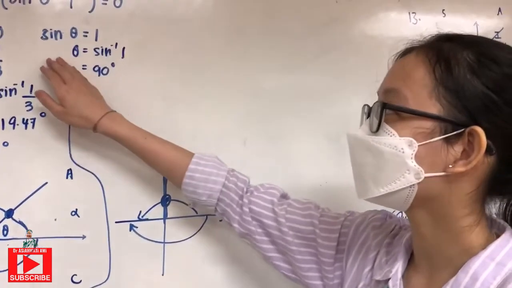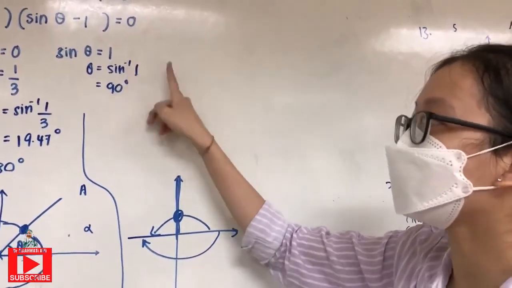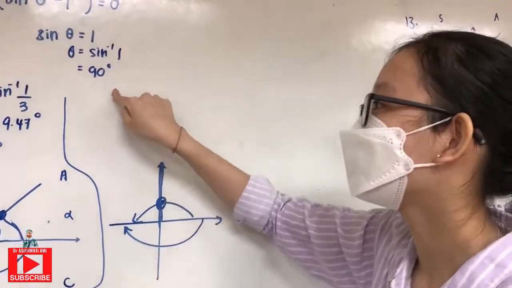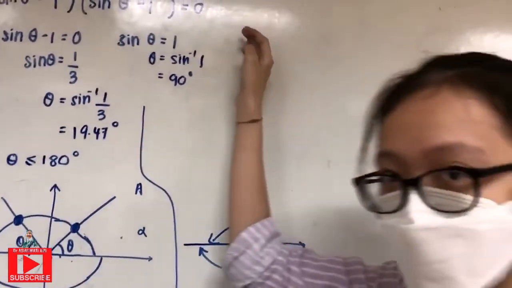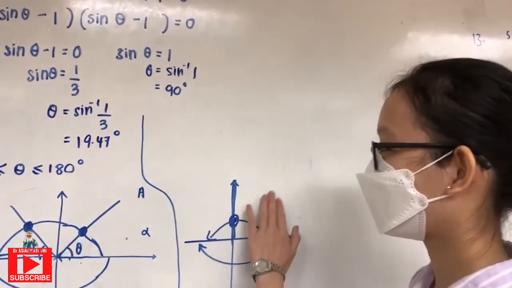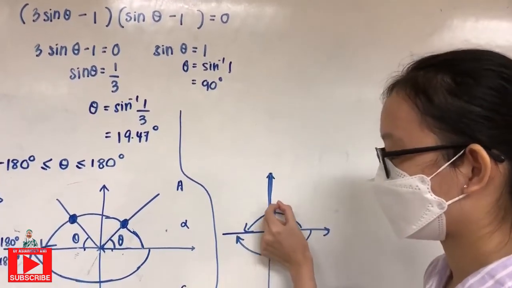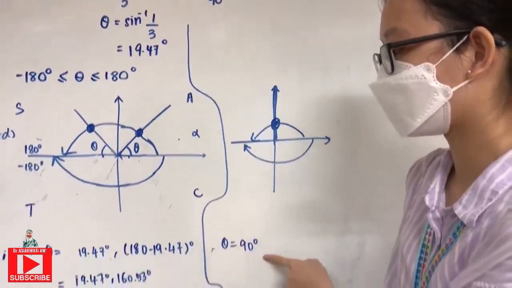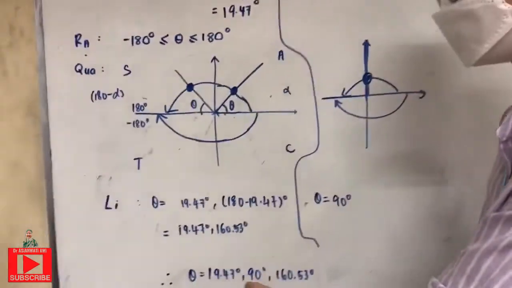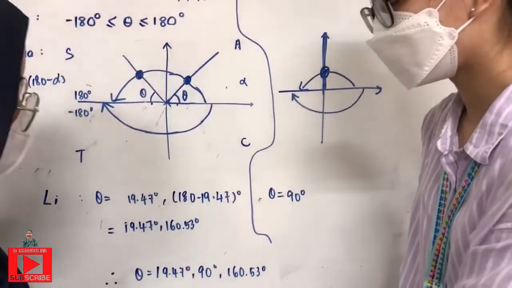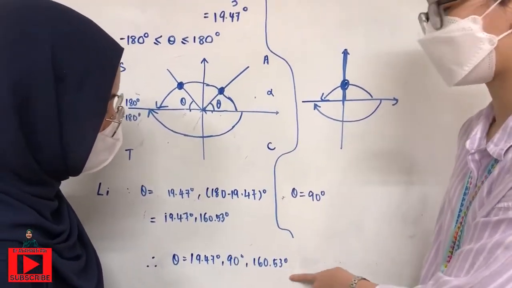Next, for sin theta equals to 1, we first find the basic angle, which is shift sin 1, and get 90 degrees. We draw it out, and sin theta is positive, so we take quadrant 1 and quadrant 2. 90 is on the boundary, so there is only one answer, which is 90 degrees. So we list out all the answers: 19.47, 90, and also 160.53 degrees.